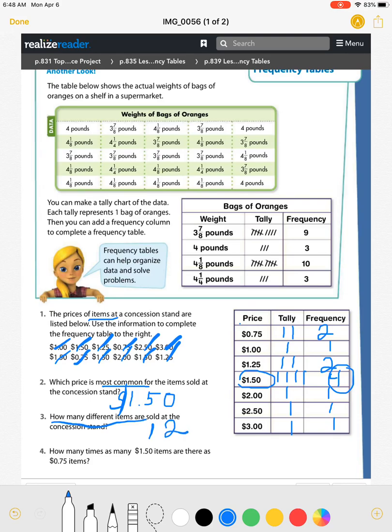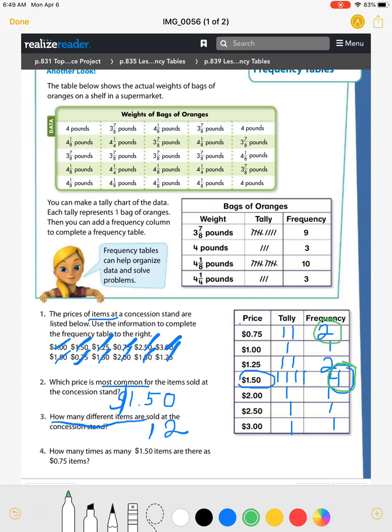Number 4, how many times as many $1.50 items are there as 75-cent items? Okay. Here's $1.50. And here is 75 cents. So this was 2 items that were 75 cents and 4 items were $1.50.